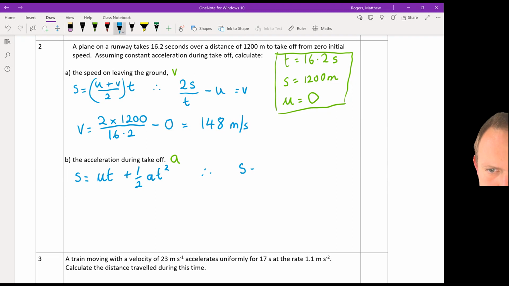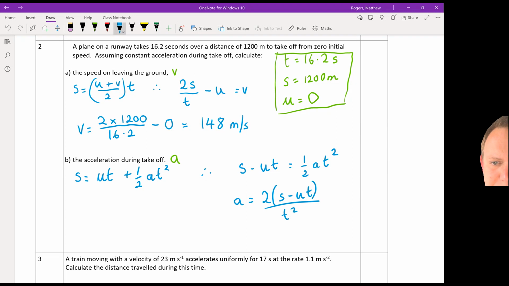So I get s minus ut is equal to half at squared, and therefore a is equal to 2 times s minus ut over t squared. Take as many lines of algebra to do this as you need. There's nothing wrong with taking a few more lines if it helps you get to the right one in the end. So we're going to find our value.